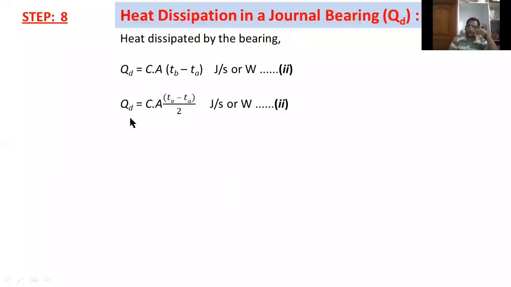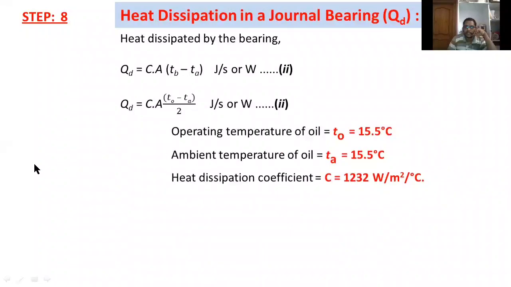Now substitute the values from the given data. The operating temperature is 55.5 degrees Celsius, and the ambient temperature is Ta equal to 15.5 degrees Celsius, and the heat dissipation coefficient is 1232 watts per meter square per degree Celsius.